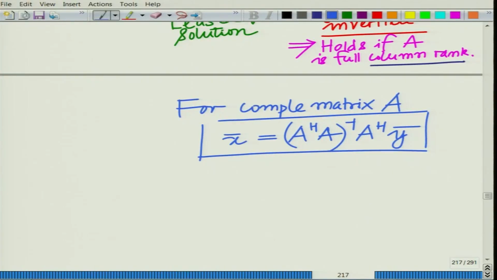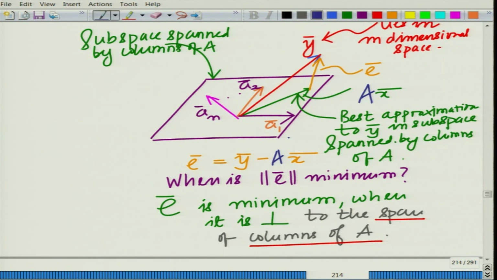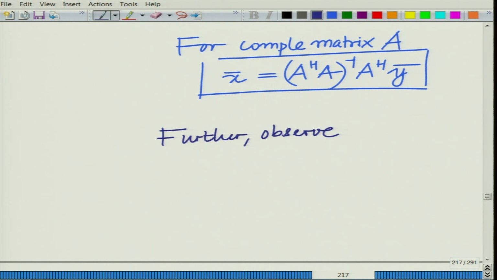Now, the other interesting aspect of this is, further observe, sorry, this has to be A x bar. We ask the question, what is A x bar?